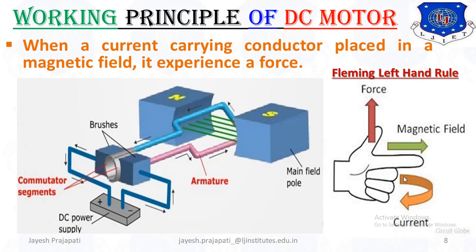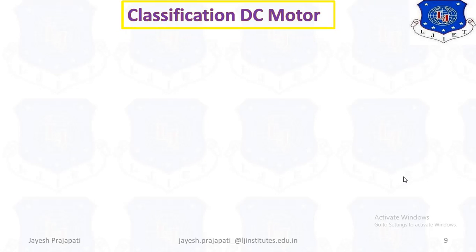Now we will discuss the different types of DC motor, the classification of DC motor. We know that a DC motor has two windings. First, the field winding, which is a fixed or stationary winding.